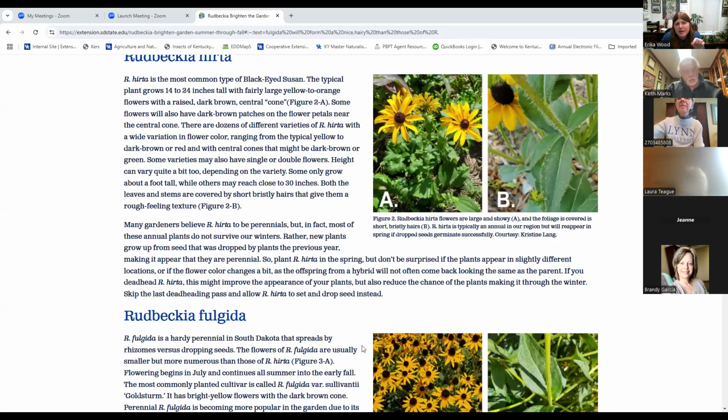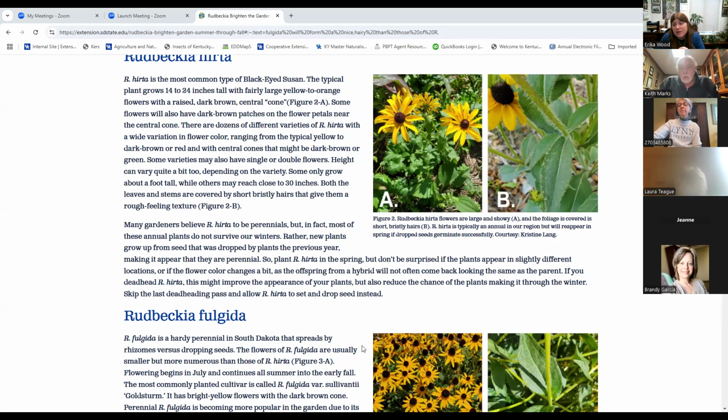Okay, so when we get into Rudbeckia hirta, the foliage actually differs too from the other. With hirta, the foliage has more hairs. It's more covered in hairs, versus Fulgida, which has smoother leaves.